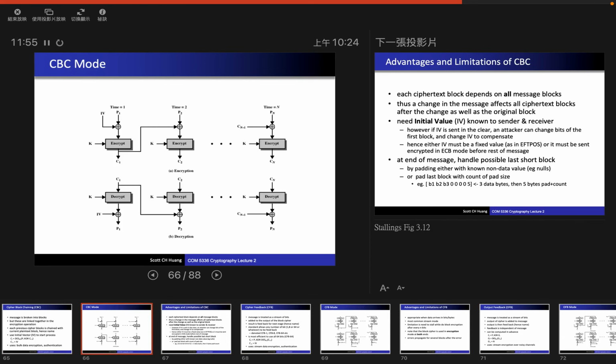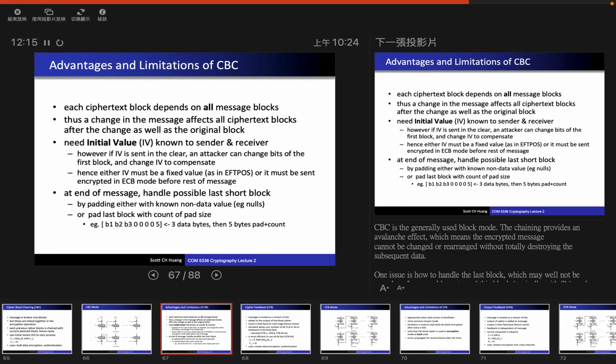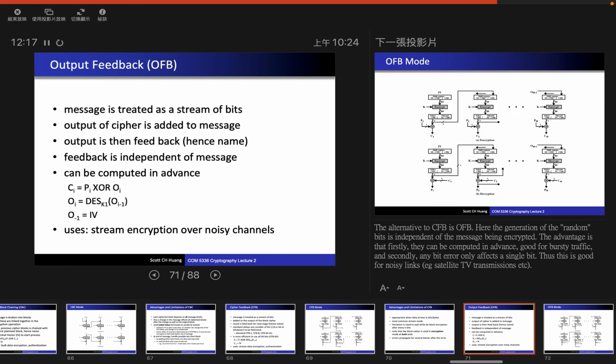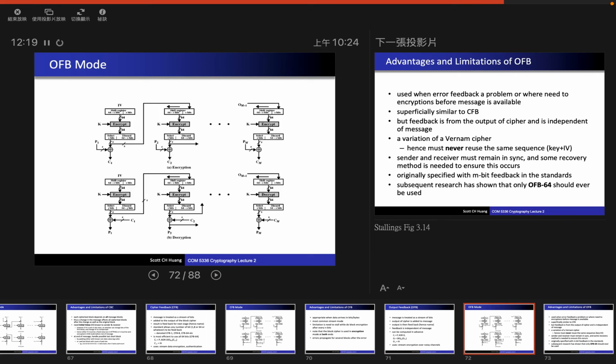This is CBC mode. Without the knowledge of the plain text, P1, P2, can you do any calculation? No. That is why I said the OFB mode is more different from any other. This is really, really different.